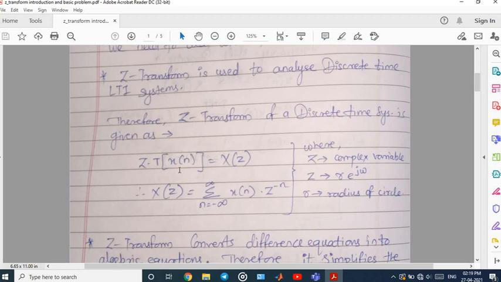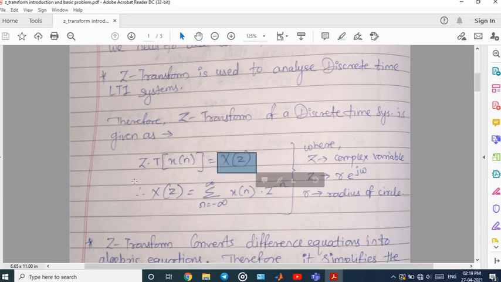So the Z transform of a discrete time system is given as the formula written here. Okay, this is the formula which states that Z transform, Z dot T, means the Z transform of x of n equals x of z.